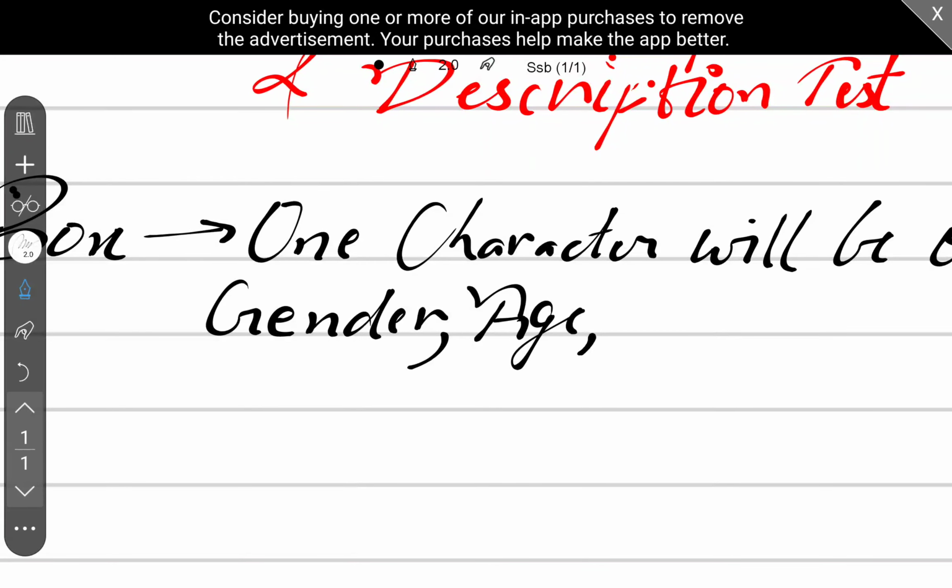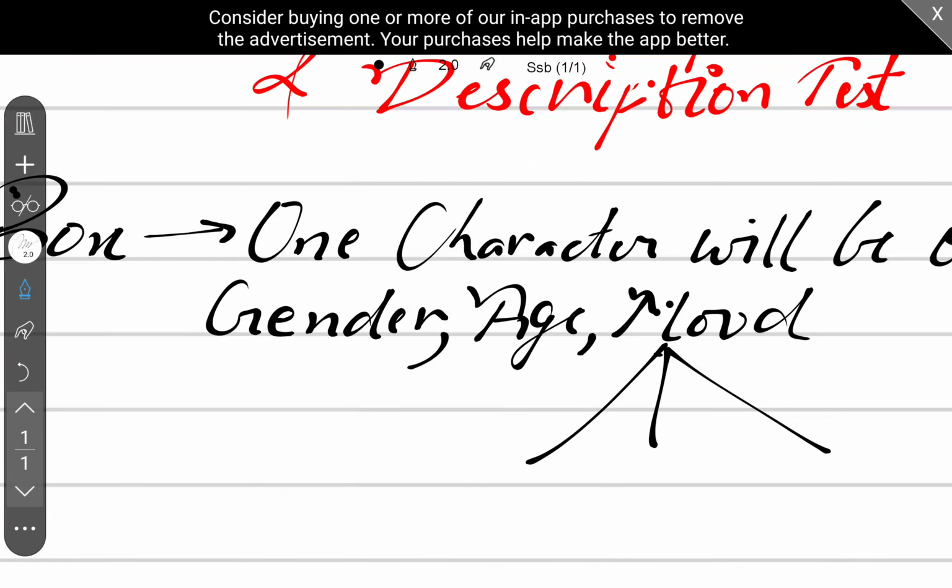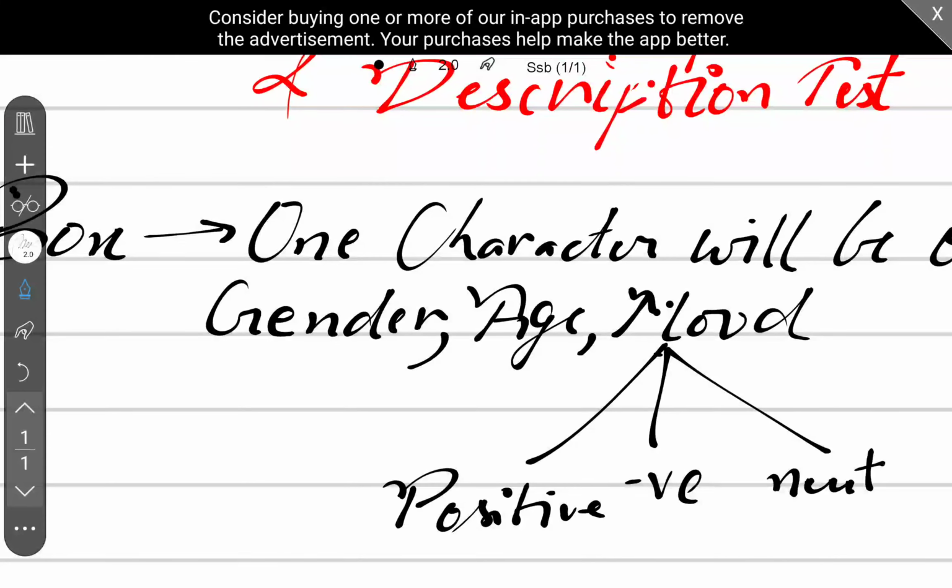The next thing is you also have to mention the mood of your central character as well as the other characters. Mood generally consists of three parts: positive, negative, and neutral.